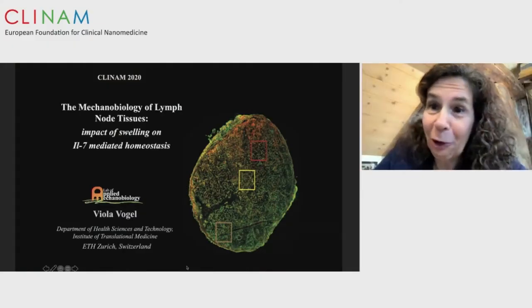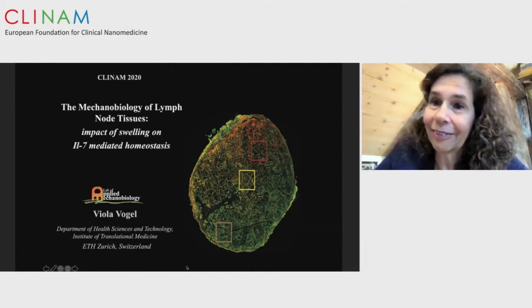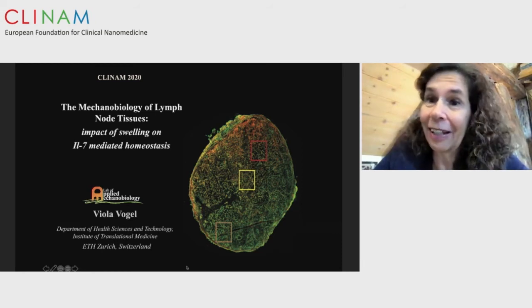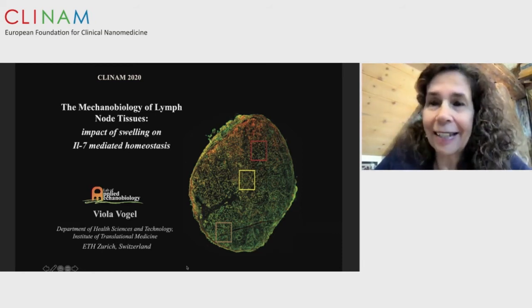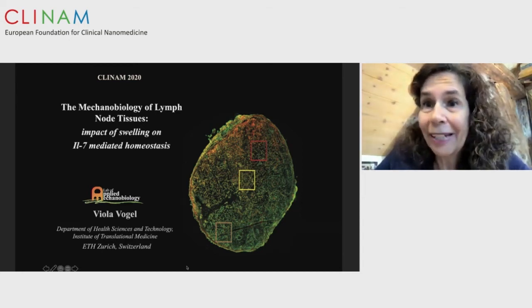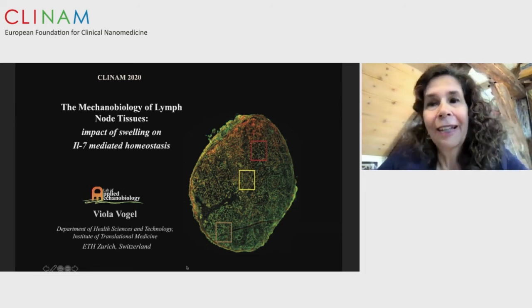So the lymph node is a real wonderful meeting place of immune cells, T cells, B cells, dendritic cells, but then also of fibroblast-like cells that constantly remodel and maintain the infrastructure of a lymph node.